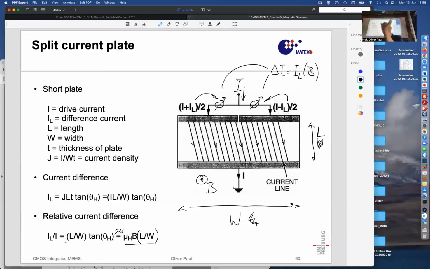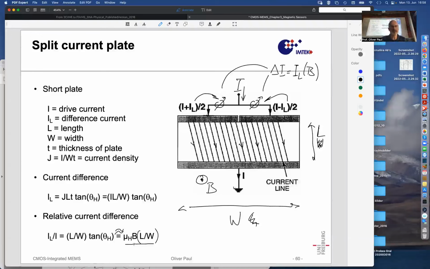It's similar to what we called the voltage related sensitivity. This was output voltage per input voltage per B. Here it's output current per input current per B. And if we then also divide by B, then this is going to be gone.